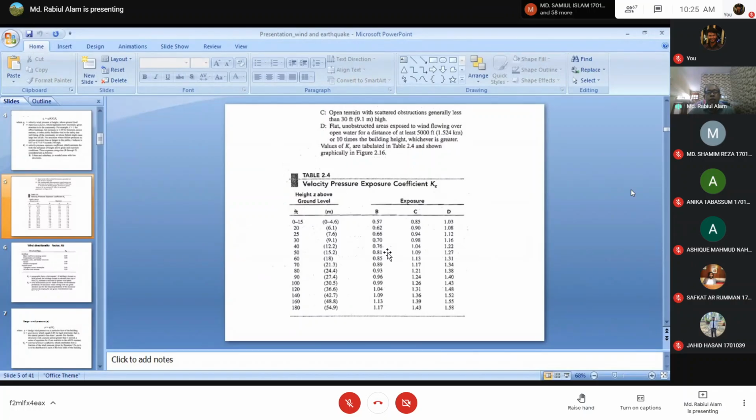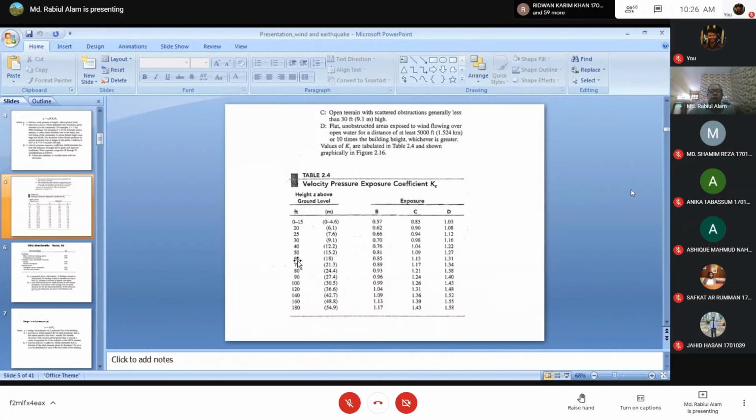And you see here in this table, one column is height, in feet and also in meters, and the other three columns are the exposure conditions. Okay, so when building height is more, your exposure coefficient for different exposures will be different, and usually you see the exposure coefficient gradually increases when the building height increases. Okay, so during design, we will choose the KZ value from this table.